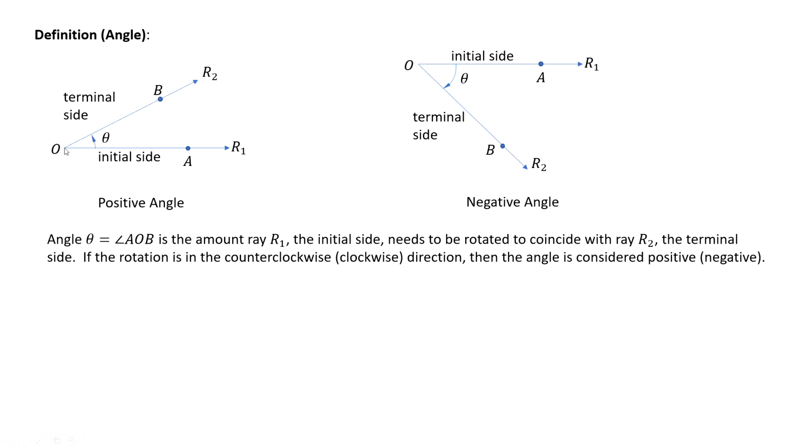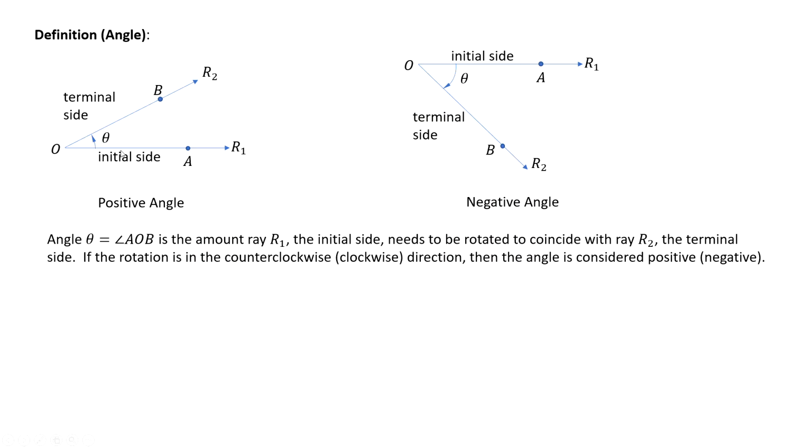A ray has one end point that is clearly known. This is the end point. But on the other side, there is no end point. It just keeps on going. That arrow indicates that the ray keeps going that way. Even though we have stopped here, in reality, it just continues along the same direction.